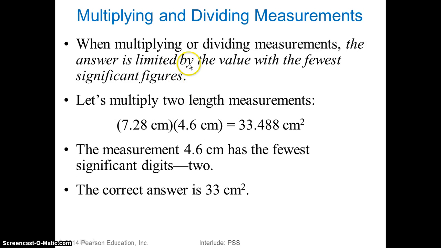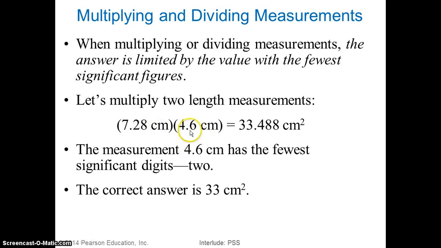Now when you multiply and divide measurements, the answer is limited by the value with the fewest significant figures. For example, multiplying 2 length measurements, 7.28 centimeter times 4.6 centimeter. 7.28 has 3 significant figures and 4.6 centimeter has 2 significant figures.